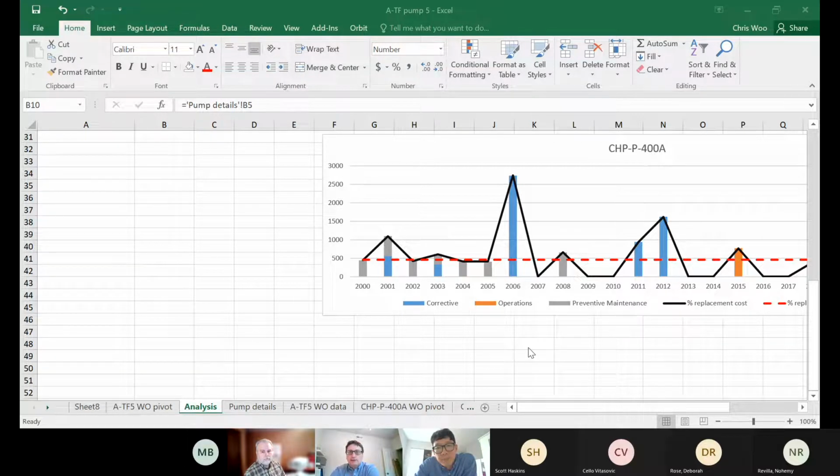Yeah, so I like Deb's point about certain things being run to failure, which definitely is the case. But I think there is still a relationship between things that are small and not run to failure, and that are large and not run to failure either. Like a 50 horsepower pump will incur a higher percentage of its replacement value per year as maintenance cost, because an oil change takes about the same time.